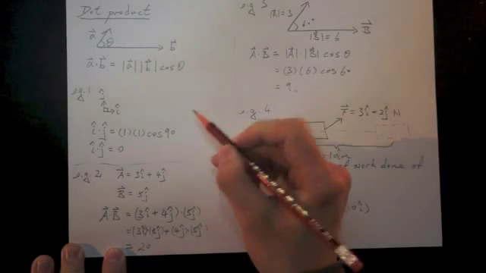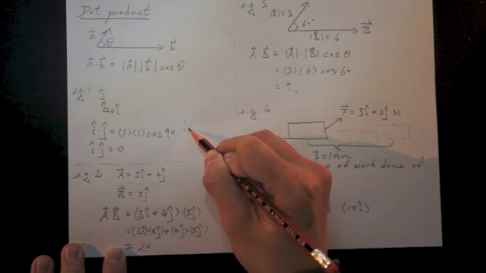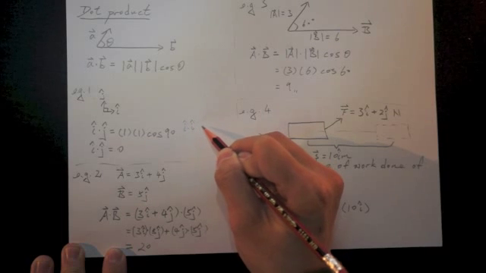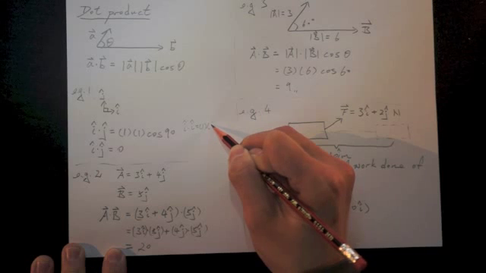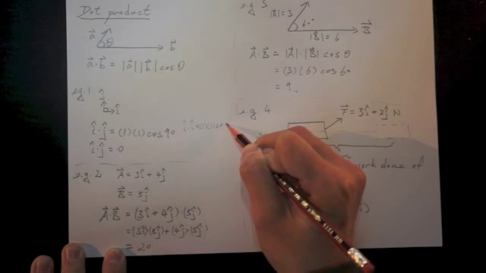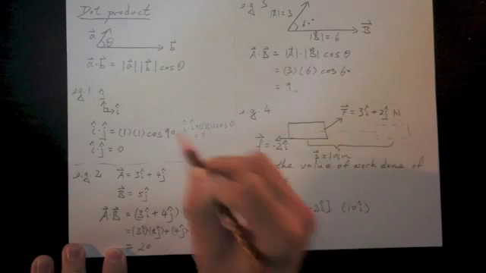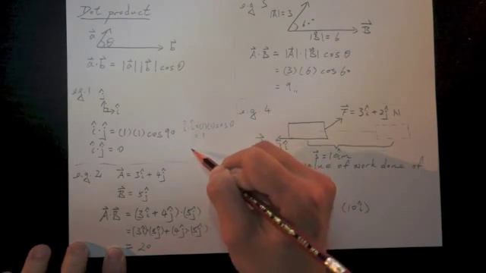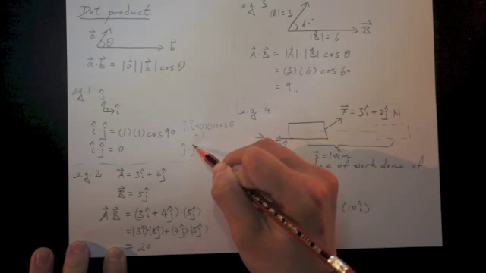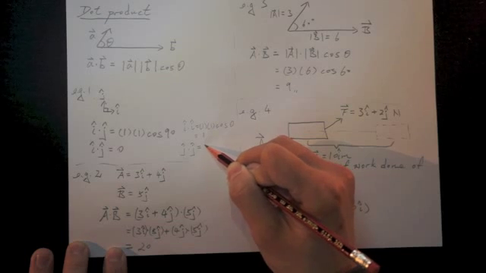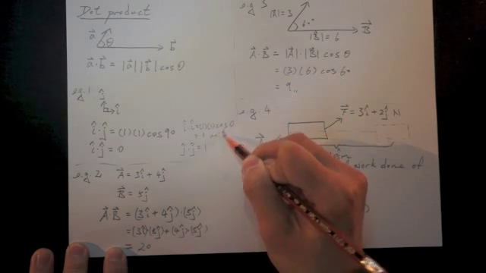And also, if we want to calculate i dot i, what we get is 1 times 1 times cosine 0. Therefore, we get 1. And also, j dot j, we also have 1 unit. Okay? 1 unit.